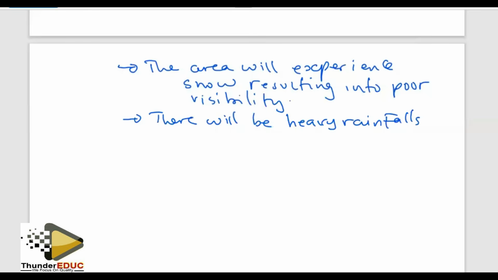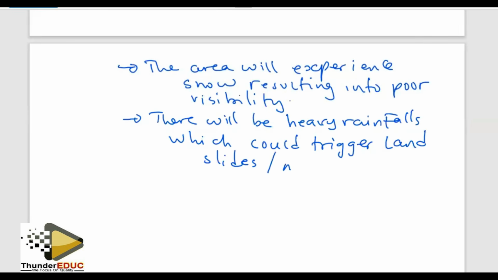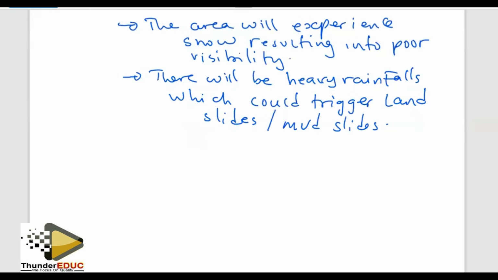Heavy rainfalls could trigger landslides or mudslides as well.